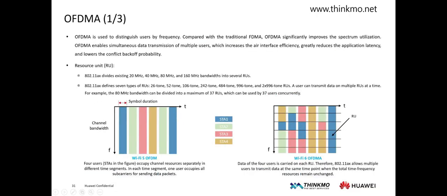Now let's take a look at what OFDMA technology is. It is called orthogonal frequency division multiple access. OFDMA is a new technology introduced in 802.11ax, also known as Wi-Fi 6, which offers a finer frequency division compared to traditional OFDM.